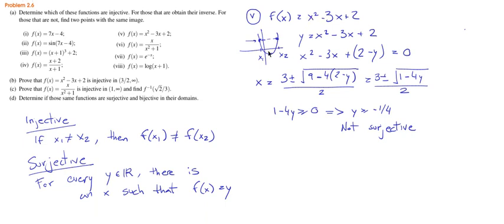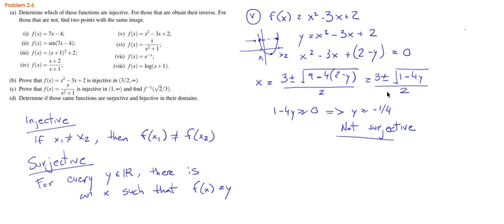This is a normal, positive parabola. If you choose a value, I don't know, minus 1000 something, this thing will be negative, and you can't find an x that maps to this value of y. So the range of the parabola is not the real line, it's just an interval from minus 1/4 to infinity. So, not surjective.